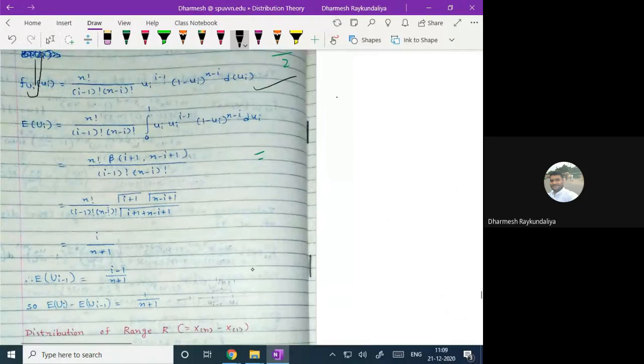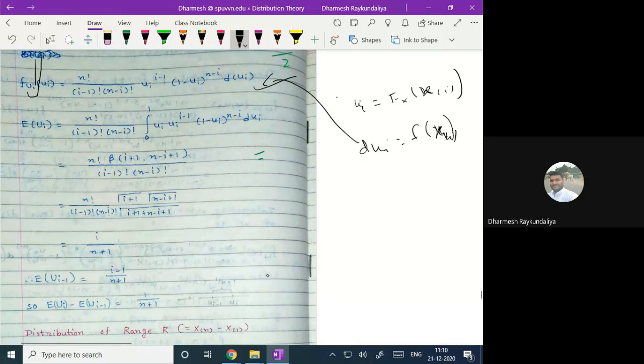And f of ui is nothing but fx of xi, so f of ui is nothing but f of xi. So that is how I have written it as dui.